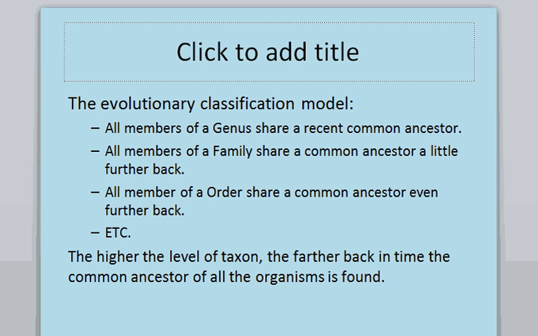This would be like you and your cousins share the same grandparent. That grandparent's maybe in their 70s, 80s, 90s. They're a little bit older or further back in the time of common ancestor to you and your cousins. We can keep going. The members of the order would be like great grandparents, etc.